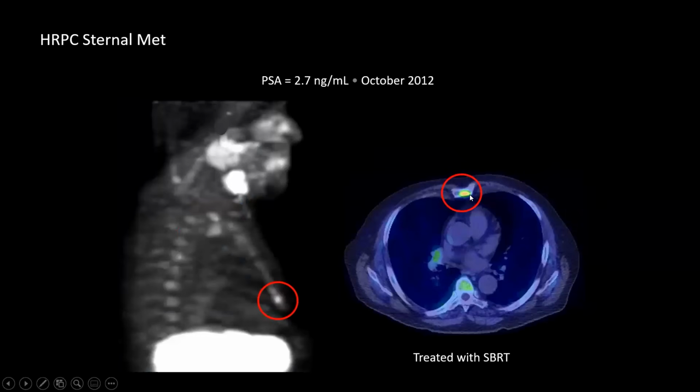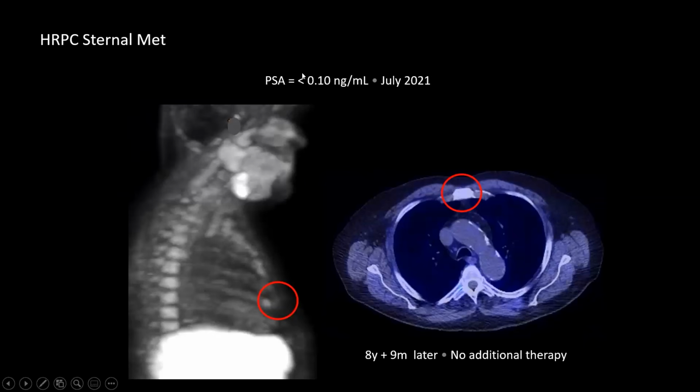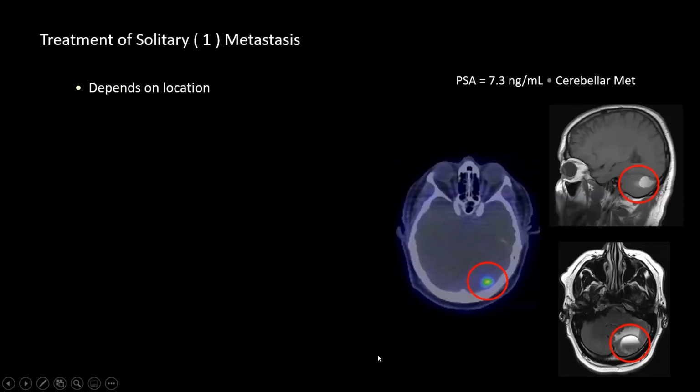Here's a gentleman with one spot on his breastbone. And once again, it's weird, but we see a lot of these on the breastbone. Treated with stereotactic radiation, hormone-resistant disease, PSA 2.7, down to 0. 8 years, 9 months later, no additional therapy.